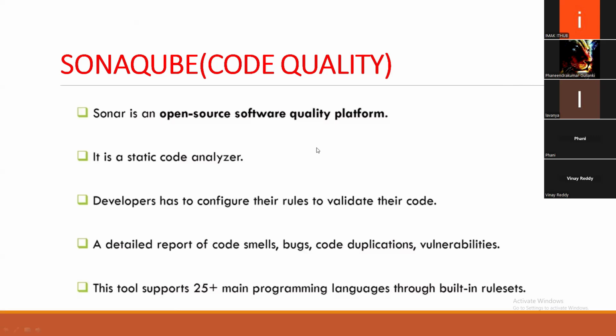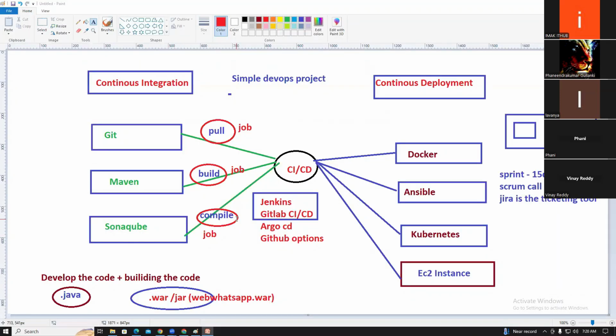You guys understood? SonarQube is an open source software quality platform. It is a static code analyzer. Developers have to configure their rules to validate their code. It will find out a detailed report of code smells, bugs, code duplications, and vulnerabilities. This tool supports 25 main programming languages through built-in rules.